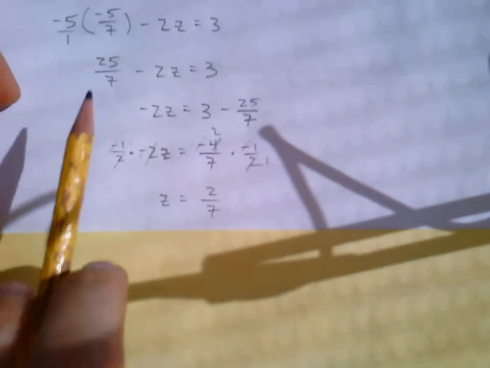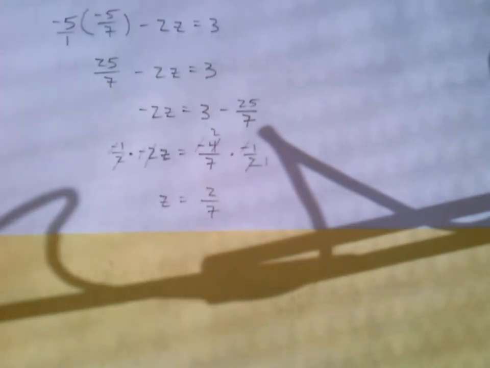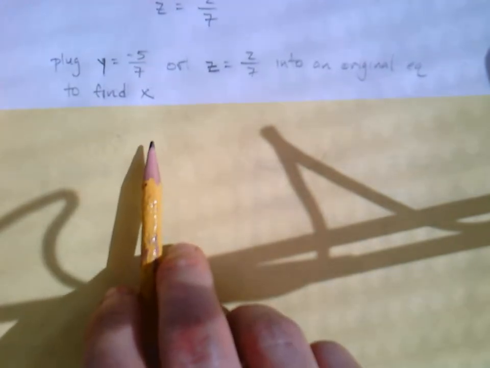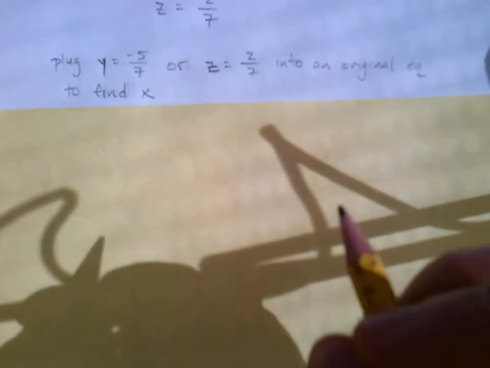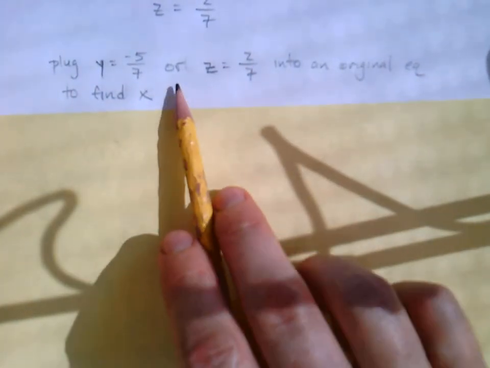All right, great. I've got y. I've got z. I still need to know what x is. So I'm going to plug y equals negative 7 over 5 or z equals 2 over 7 into one of the original equations. And I say or because none of those original equations had all three variables, right?